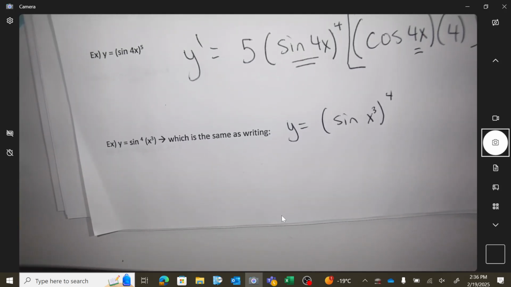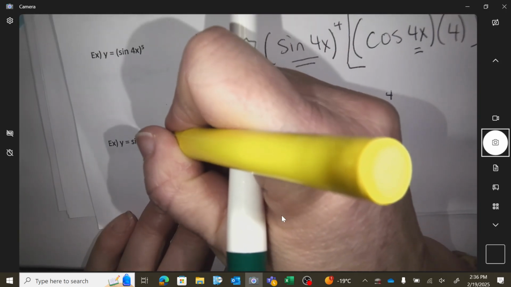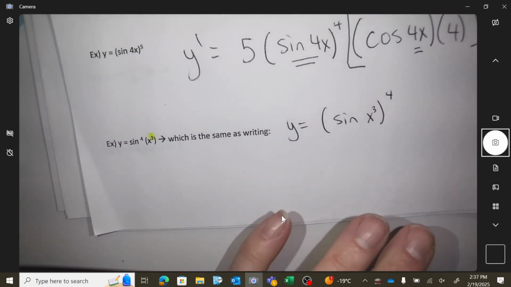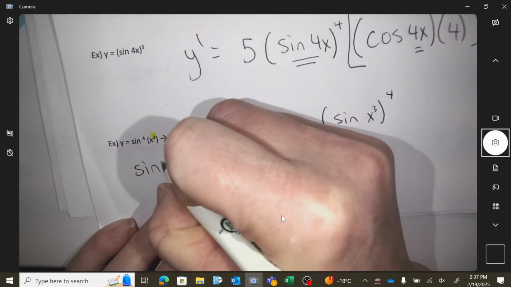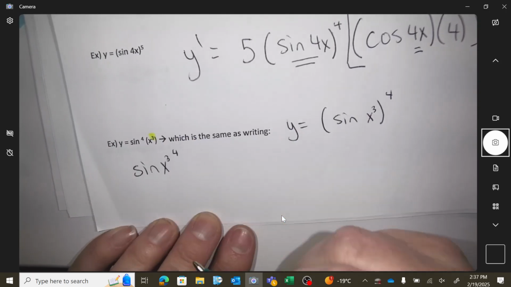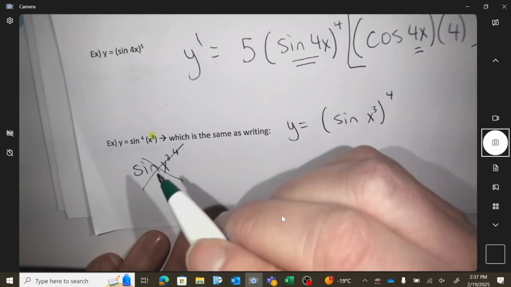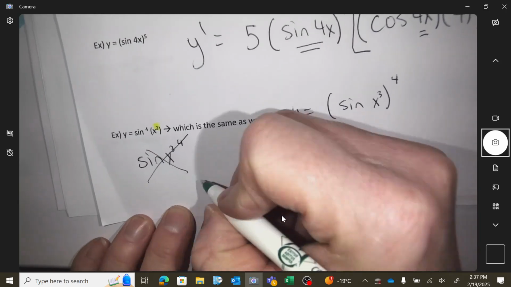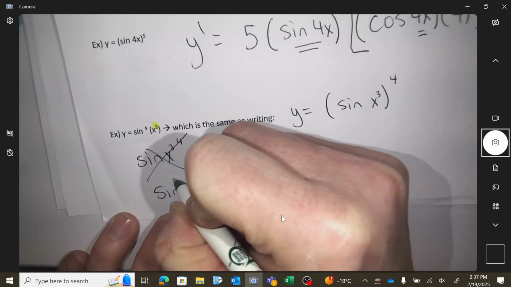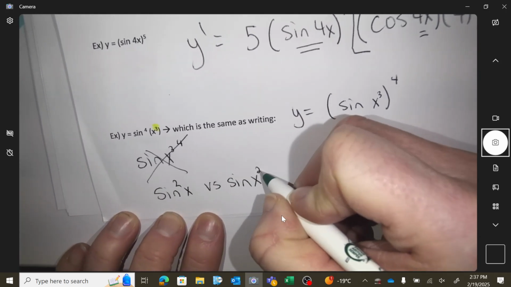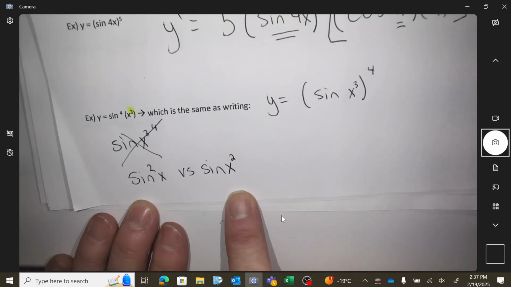Okay. It is not the same as this. Right? This does not mean the same thing. Do you remember? We talked about it more like this. That does not mean the same thing.